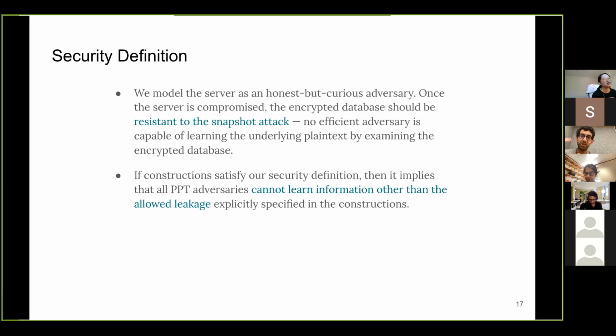We had a definition in that paper, so I wasn't sure what you were referring to by snapshot attack. Okay, I think this term is used informally, both in the slides and in the paper. We just think of the adversary as stealing the whole encrypted database. Okay, makes sense.